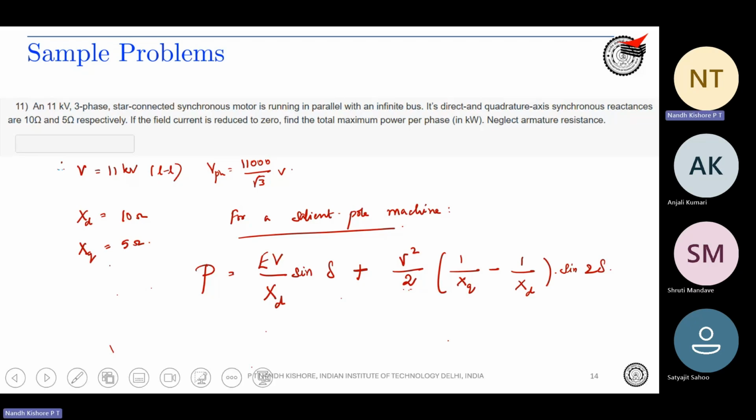So what is this portion called? This particular portion is called excitation power. Right?